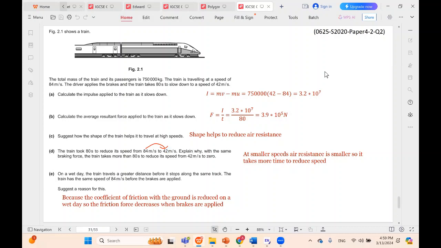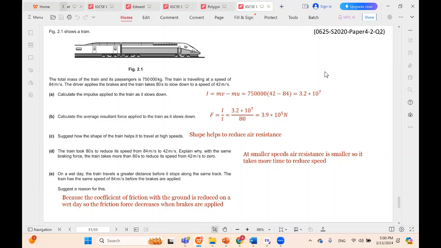But from 42 to 0, you have a smaller air resistance on average, because the average speed from 42 to 0 is much smaller than the average speed from 84 to 42. So in the latter case, the air resistance will be smaller and it takes more time to reduce the speed. Even though the braking force is the same in both cases, the air resistance plays a more significant role with the higher speeds.